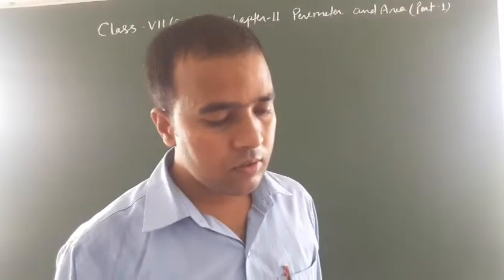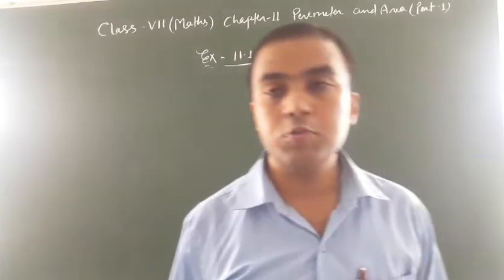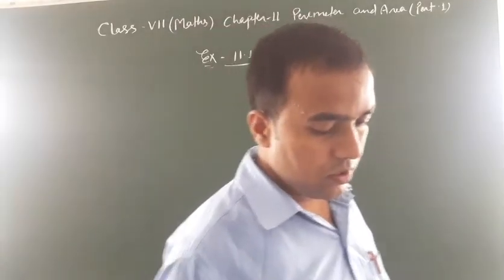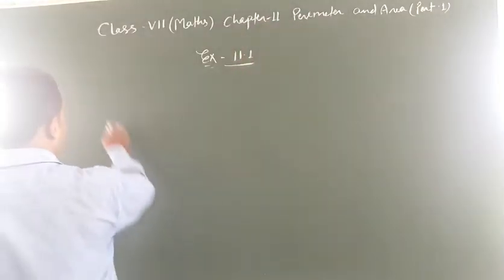Second question: find the area of a square whose perimeter is 320 meters.